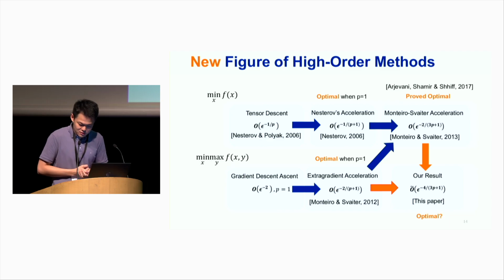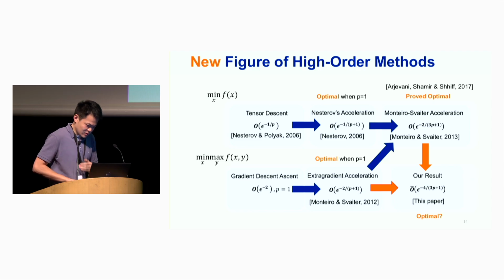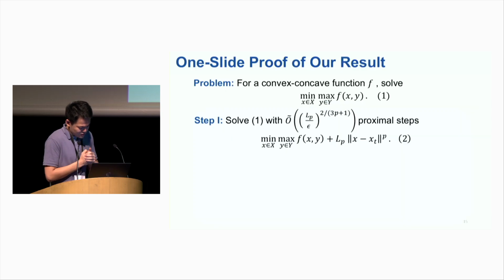This is the rate we get in this paper. But still the lower bound is missing, so we don't know whether this rate is optimal. This is just the high-level takeaway from our paper. What is the main contribution of our work? The algorithm is actually very complicated, so there's no simple explanation, but I will just give a high-level intuition of what we are doing.